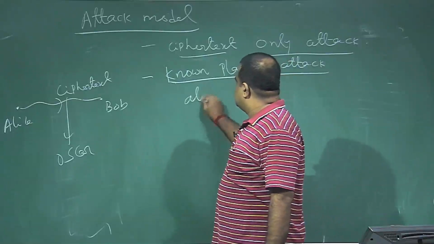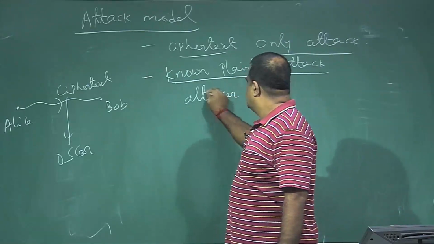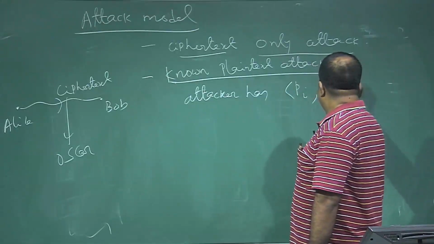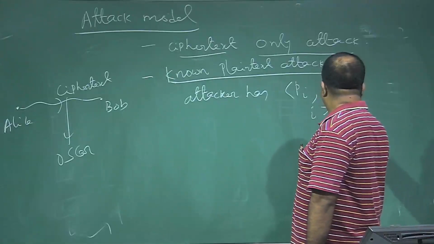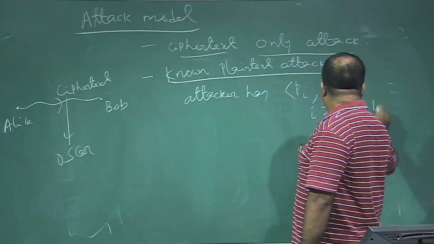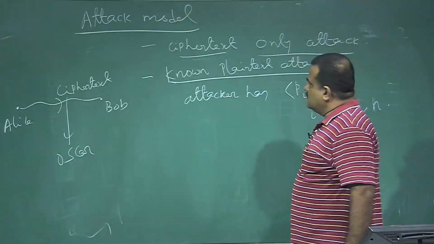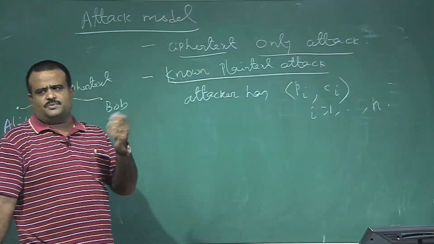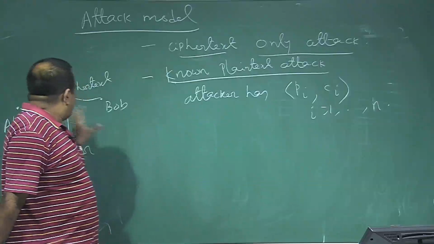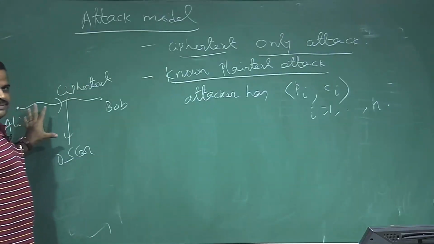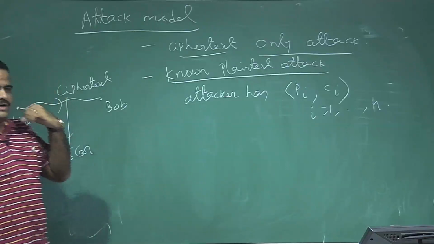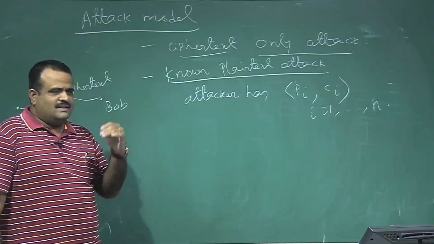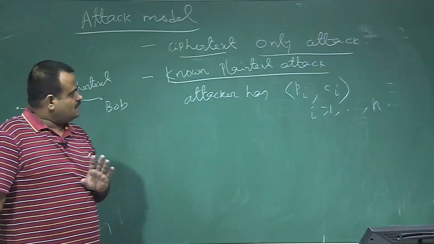So, there are n of such pairs. The attacker has some old plain text and the corresponding ciphertext, which Alice and Bob are not currently using; it was used a long time back. So, there is not much importance on that. They make it public kind of thing.